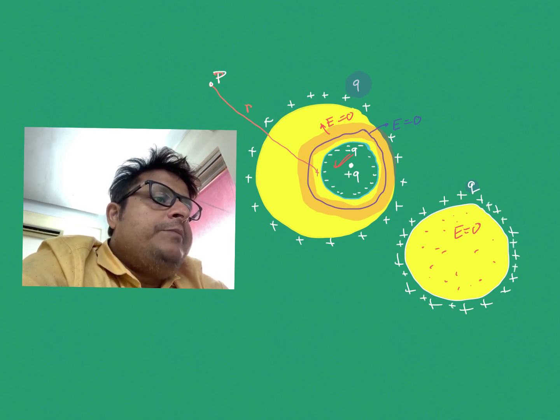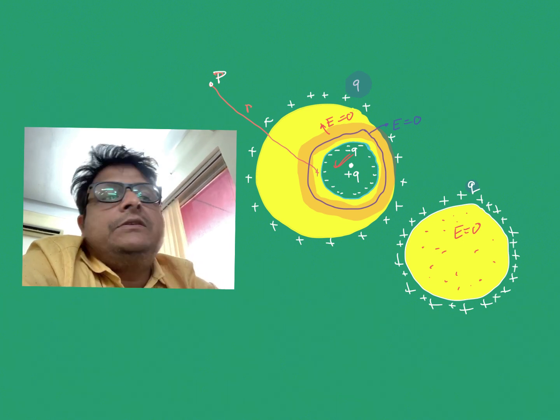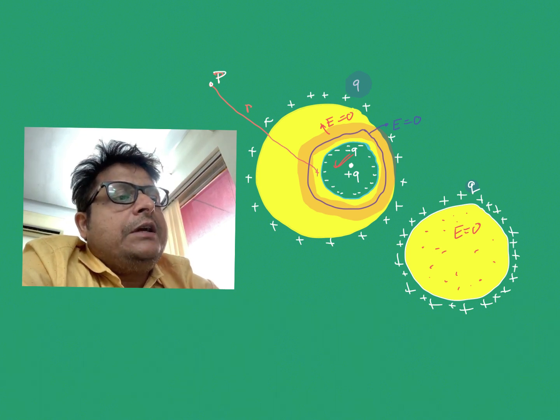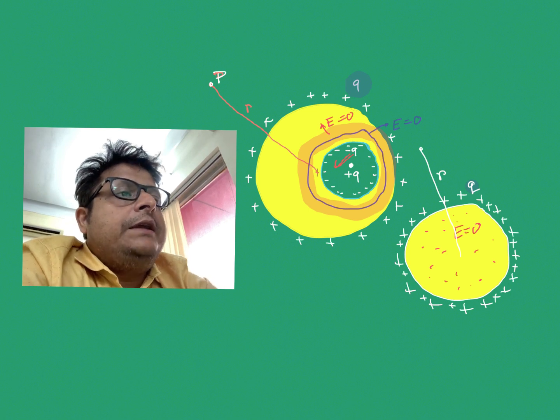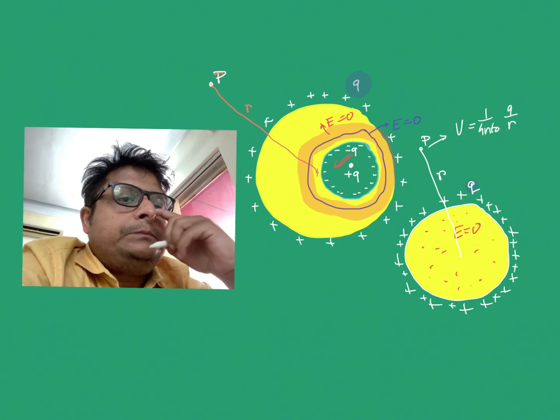The charge q will behave as if nothing has happened inside the cavity. Now there is a charged sphere, that means charge is outside, and you have a point P here. What will be the potential? Obviously the potential is 1 by 4 pi epsilon naught q by r.